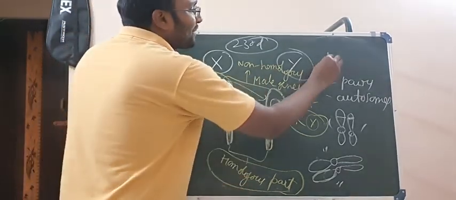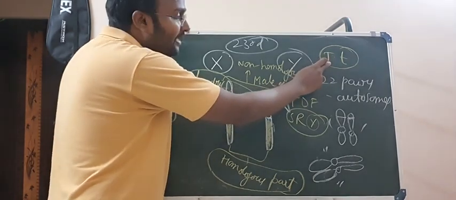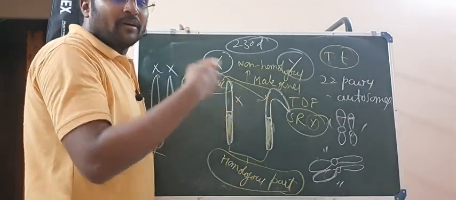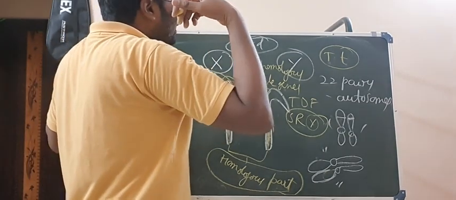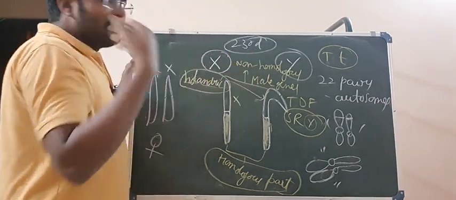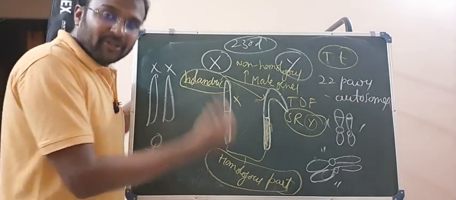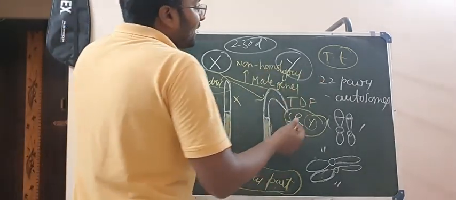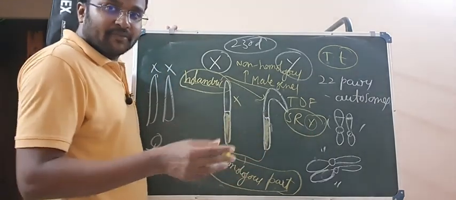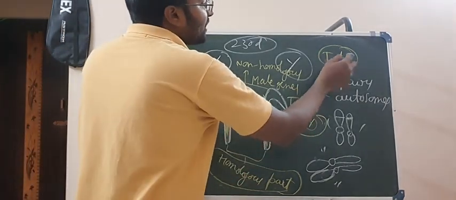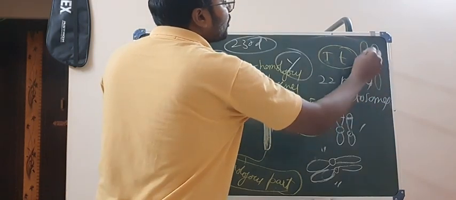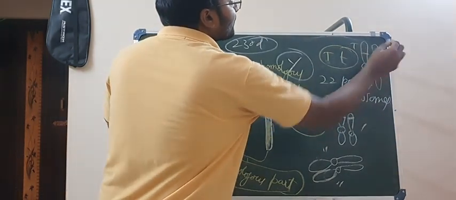Capital T is one allele, small t is one allele, and both alleles release the protein required for the height of the pea plant. So the height of the pea plant is determined by one gene made up of two alleles, capital T and small t, present on homologous chromosomes, right?